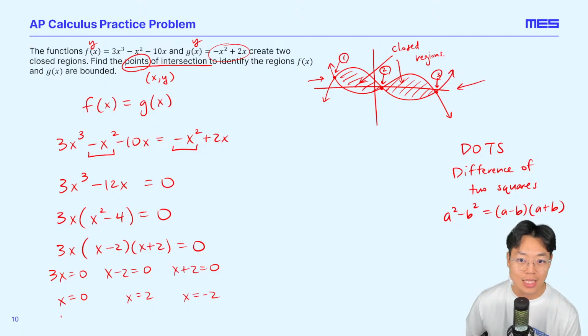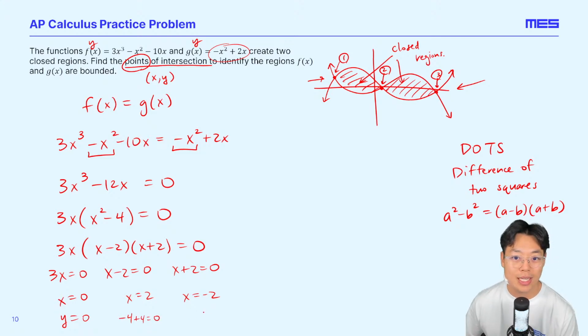When we plug in x equals 0, y is just going to equal 0. When we plug in 2, we get -4 plus 4, which is also equal to 0. When we plug in -2, we get -4 minus 4, which is equal to -8. So my 3 points of intersection are (0, 0), the origin, (2, 0), and (-2, -8).